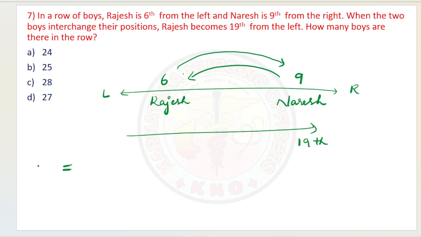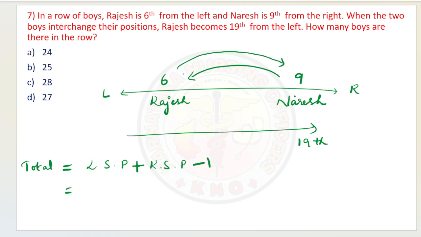How many boys means total, right? So total is equal to left side position plus right side position minus 1. This is the total, right?